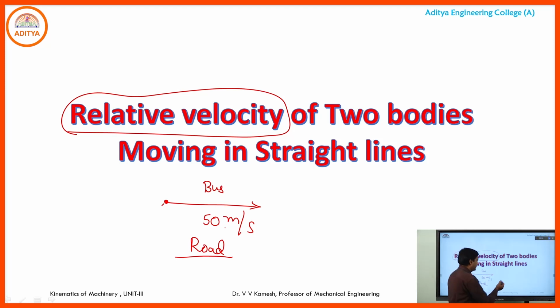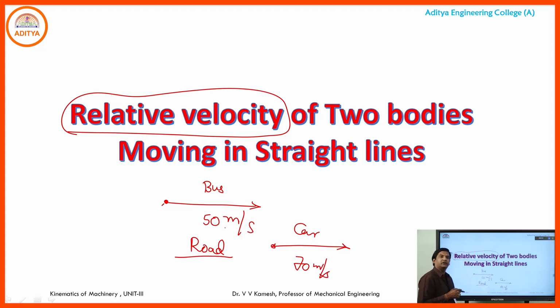Suppose this is being compared with another object, a car moving with 70 meters per second. Suppose you are asking what is the relative velocity of the bus with respect to the car? This is moving with 50 meters per second, this is moving with 70 meters per second. What is this 70?